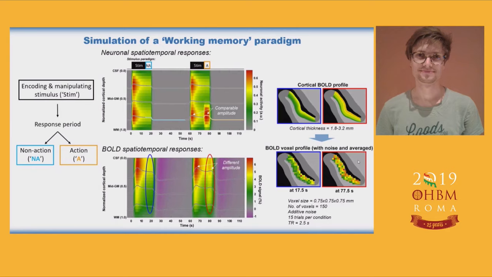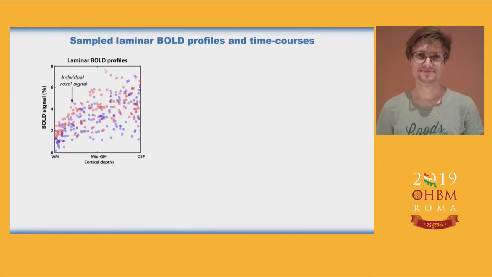And these are examples of voxel activation maps during non-action and action trials, and including additive noise and averaging over 15 trials.